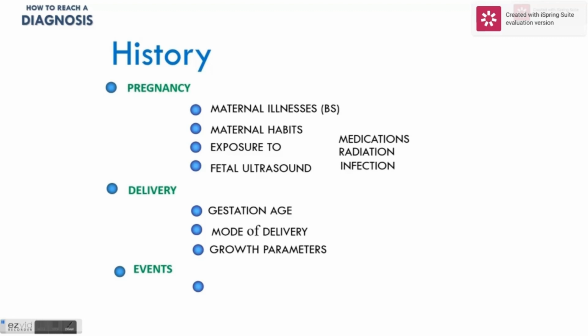What happened? What are the events in the neonatal period? Was the child admitted to an ICU? Was he or she ventilated? What were the feedings? Why did he stay in the NICU? And what happened at 6 months and 10 years and so on. So try to divide the history as events, and these events may lead you to a diagnosis.